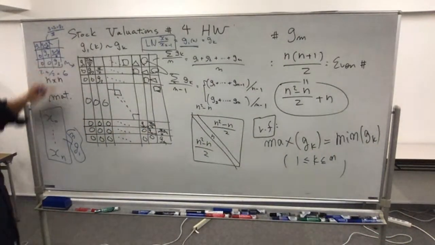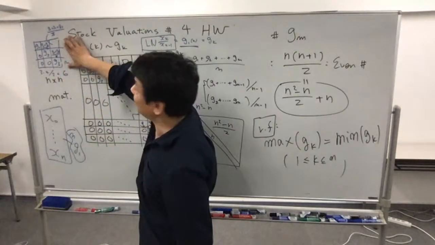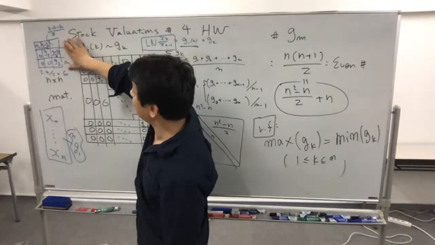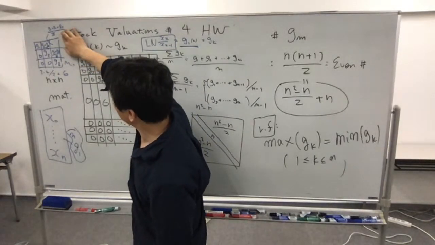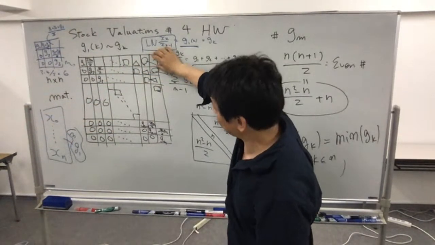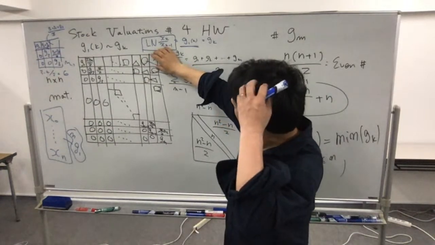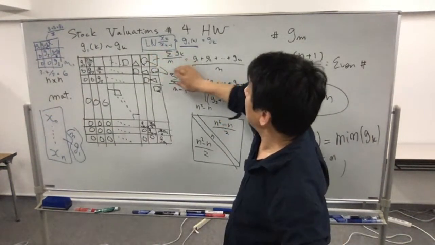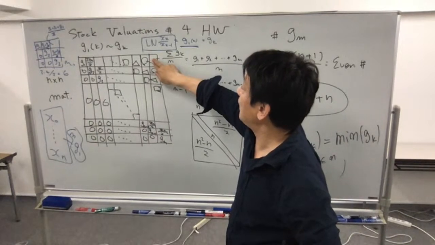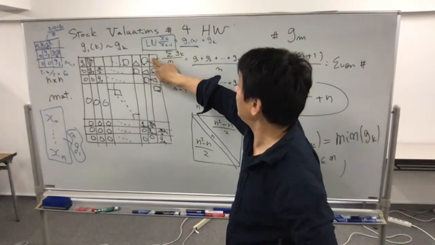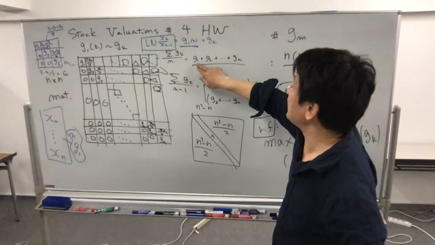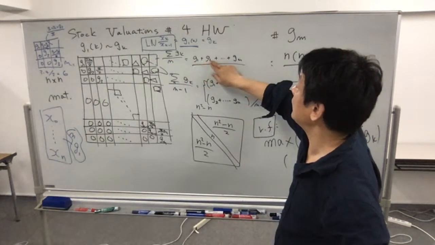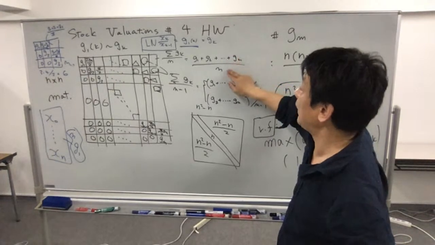And the system would be the same as the 3 by 3 matrix. If you look at it carefully, for this matrix member, we need all the G1s: G1 plus G2 up to plus Gn, over n here.